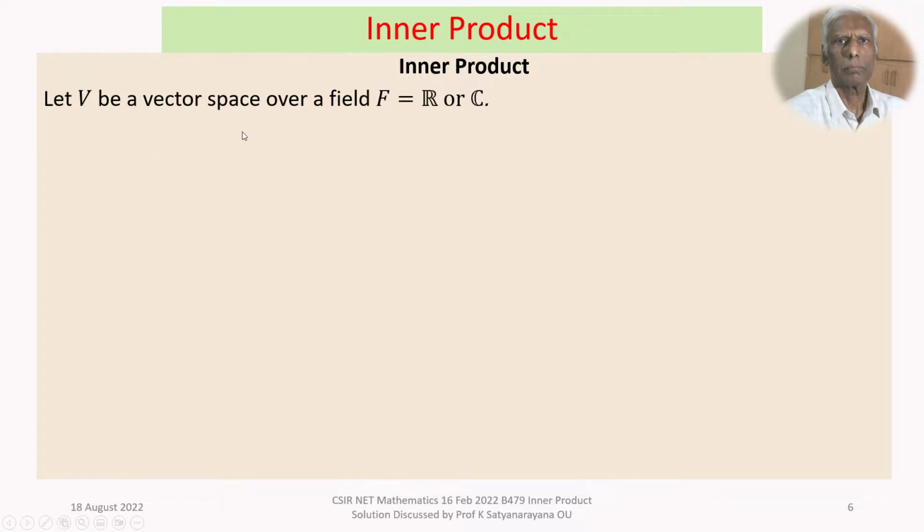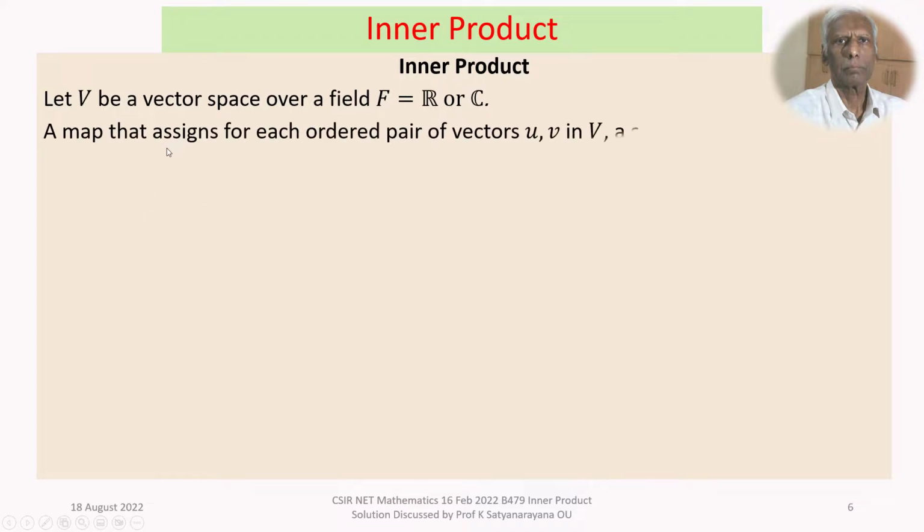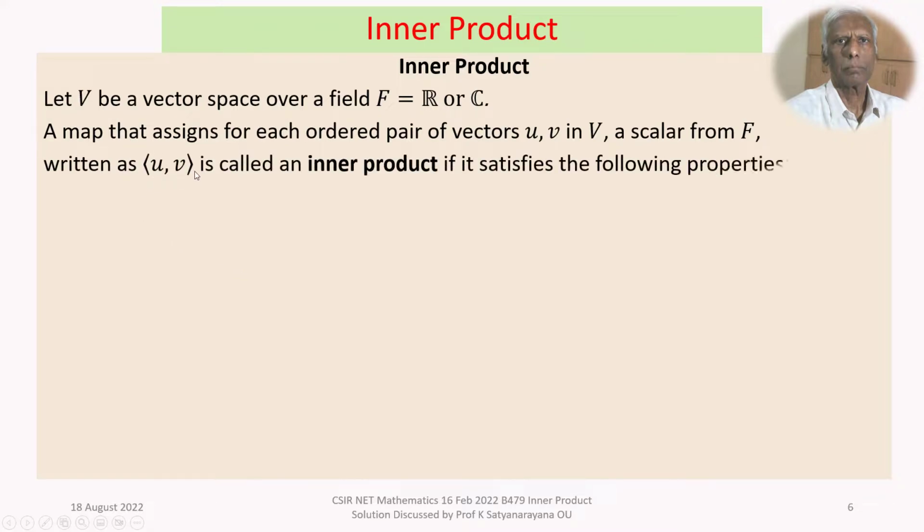Let's recall the definition of the inner product. Let V be a vector space over a field F. The field F is either the field of real numbers or the field of complex numbers. For each ordered pair of vectors u comma v in V, we associate a scalar from F written as bracket u comma v.